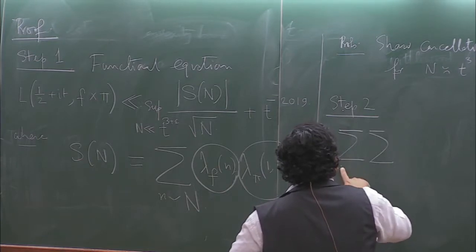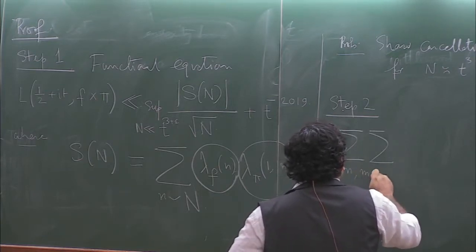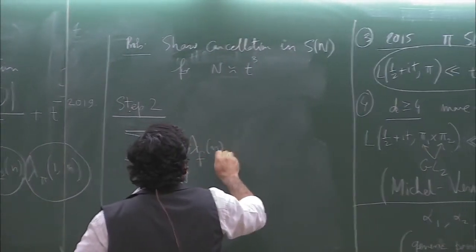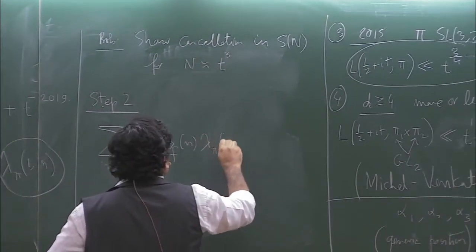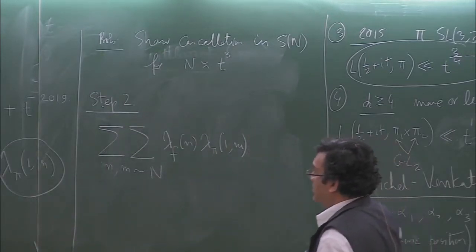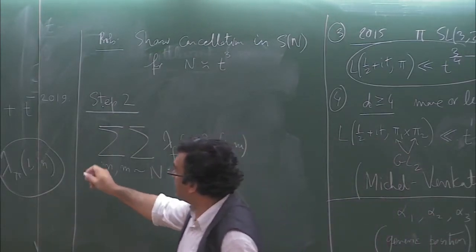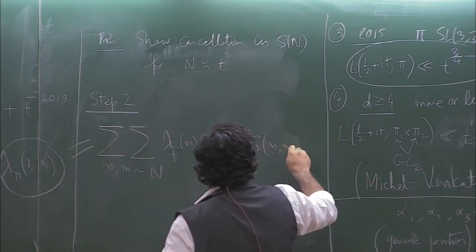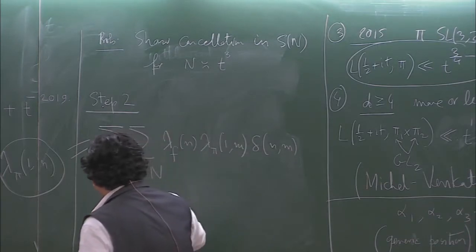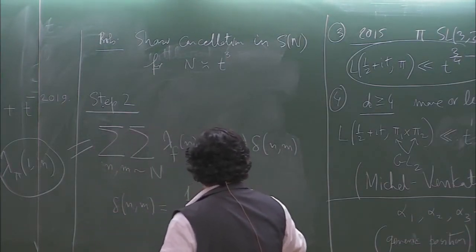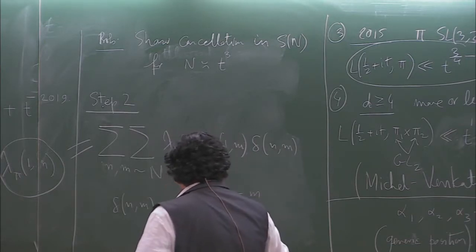So I'm going to introduce a new variable, m. Okay, but then it comes with an equation because n has to be equal to m for this to be equal to this. So that is denoted by delta nm. So this is the Kronecker symbol. Delta nm is 1 if n equals m and 0 otherwise.